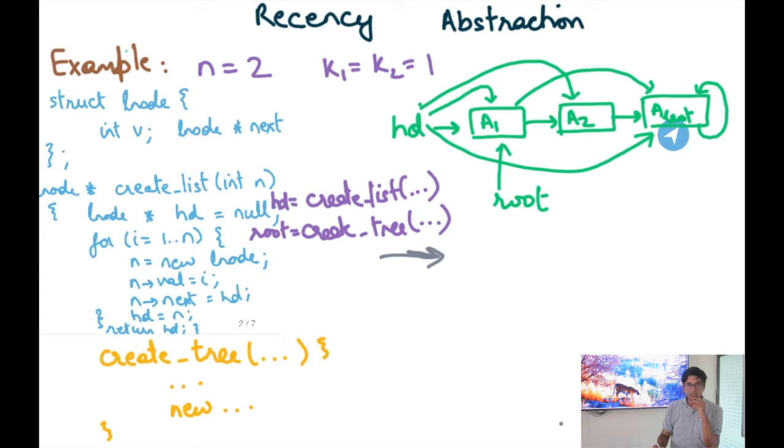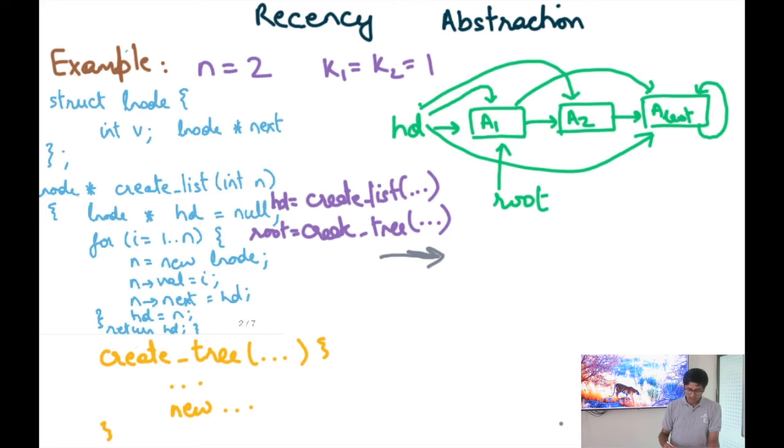So the points-to relationships now become less precise, because using the recency abstraction, at compile time it may be impossible or undecidable to figure out how many nodes create tree will allocate. Because of that imprecision, the may points-to analysis may conservatively determine that head may point to A1, or A2, or A last.